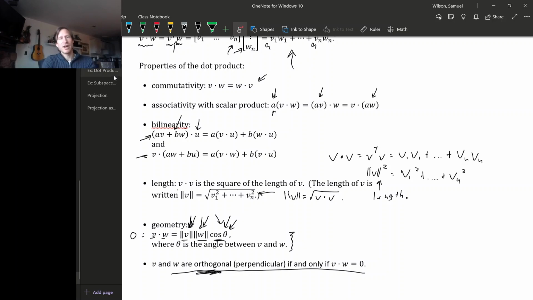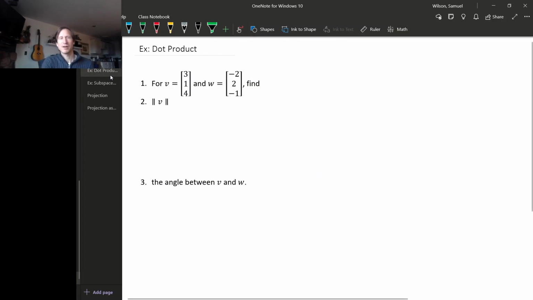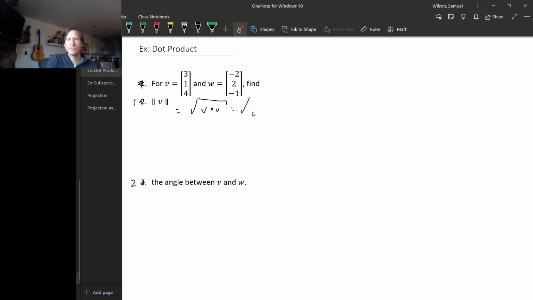So let's use the dot product for a couple things. I've got my indexing all messed up. There we go. So for these two vectors, let's find the magnitude of v. Remember, the magnitude of v is just the square root of v dot v. So this is the square root of v transpose times v.